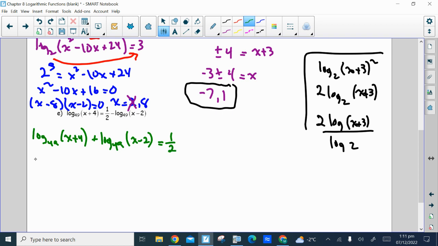And then we can use the product law to combine them because you're adding logs with the same base. You cannot use these laws unless the bases are the same. And so we're going to have log base 49 of x squared plus 2x minus 8.